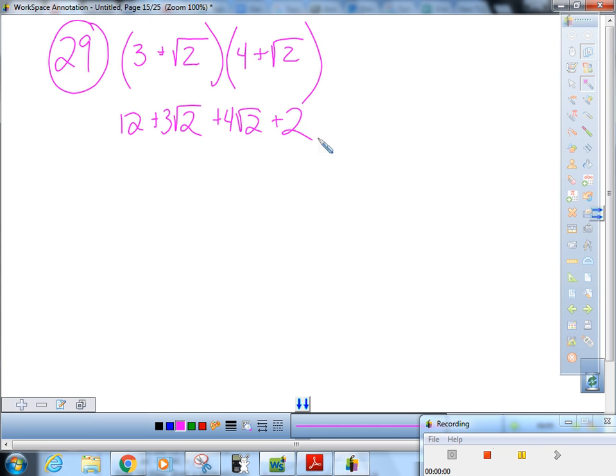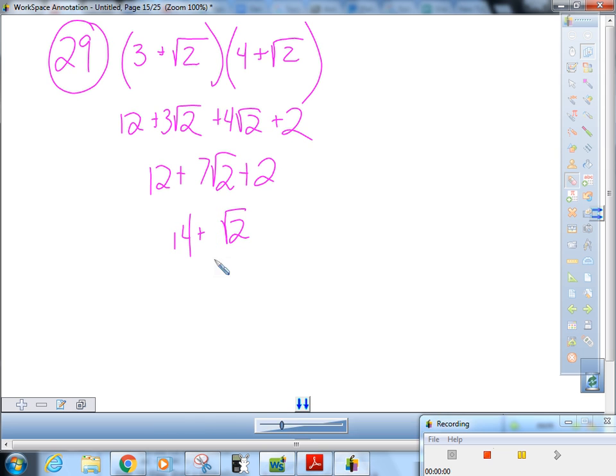Okay? It's radical 2 squared, and the radical and the squared cancel. So then the final answer is 12 plus 17 radical 2 plus 2. 7, thank you, 7. And then 12 plus 2, following the Adrian rules, that says that we should just add numbers when it says that. The answer is 14 plus 7 radical 2.